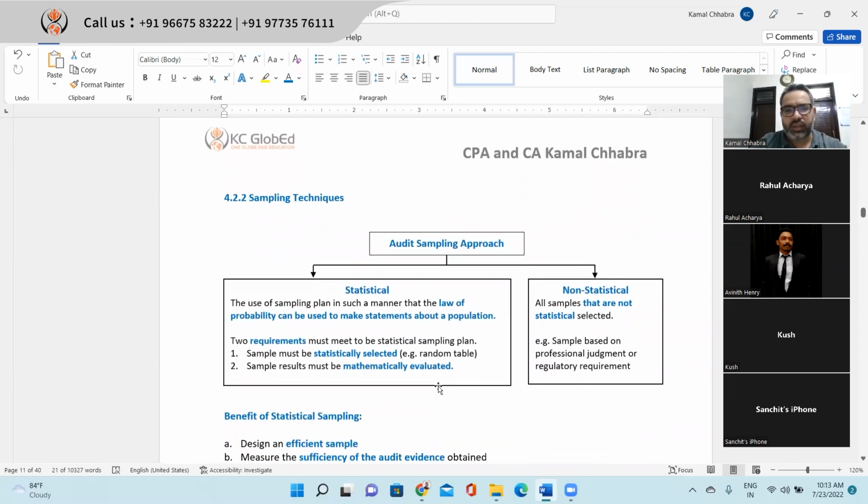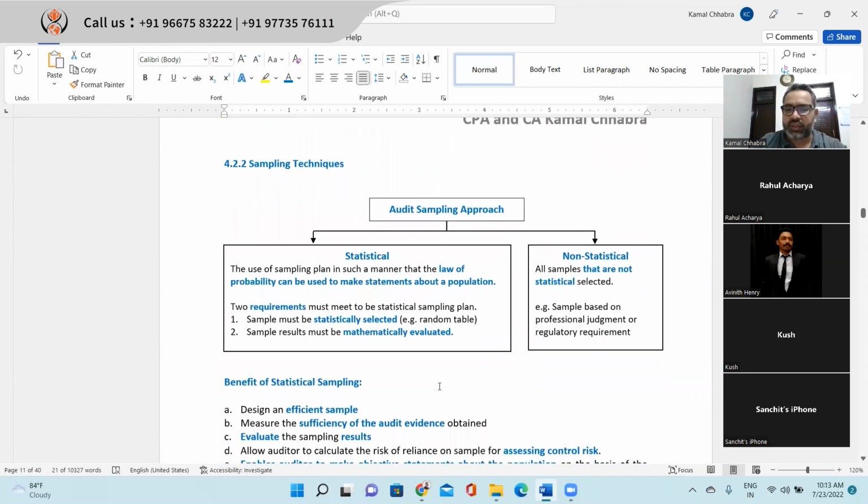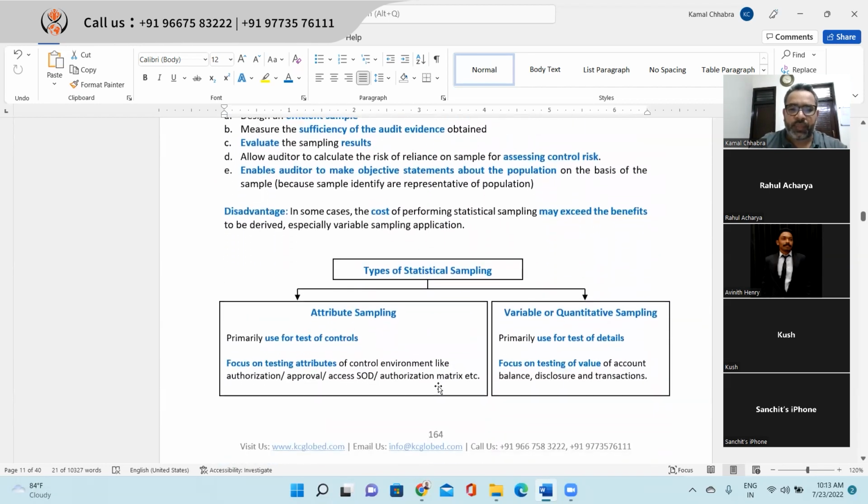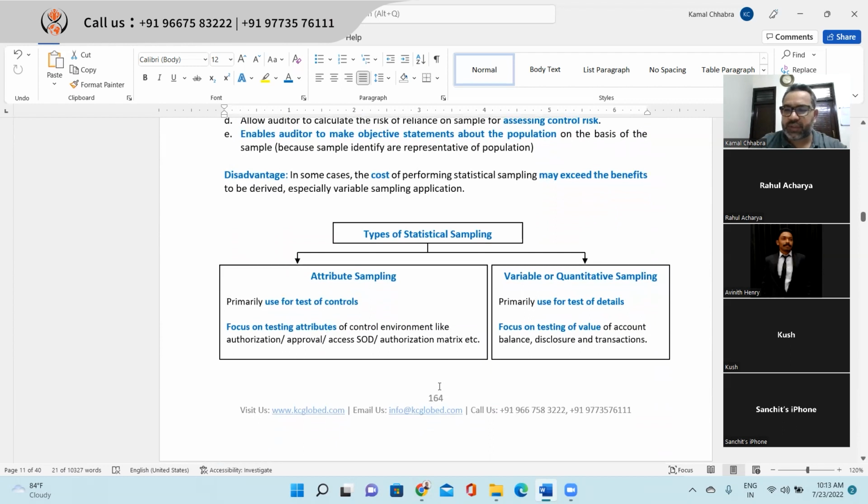After that, in last class, we started with sampling technique. We discussed statistical sampling and non-statistical sampling both. We discussed the benefit of statistical sampling. Then we discussed types of statistical sampling, which include attribute sampling and variable or quantitative sampling. Attribute sampling is majorly used for the test of control, and variable sampling, or quantitative sampling, is majorly used when you need to test the value.